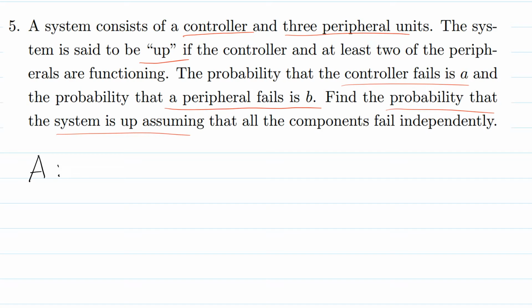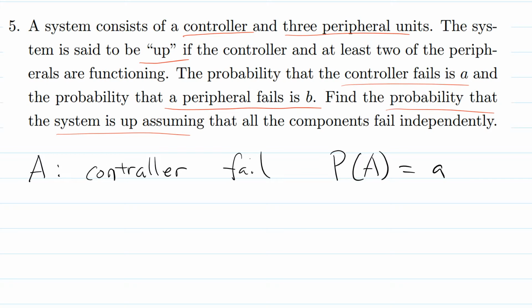Event A is the controller fails, and by the description, the probability measure of A is a.